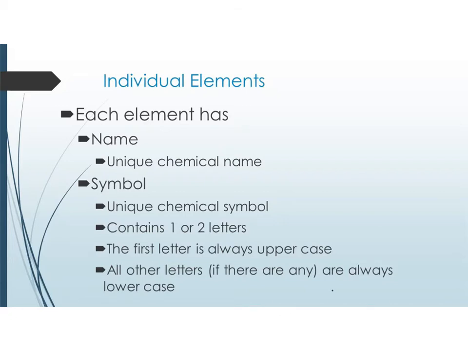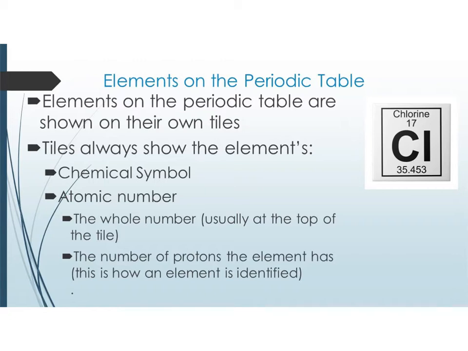I'm mean about that. Every element has its own place on the periodic table, and it has its own tile on the periodic table. Each tile, every periodic table will show the atom's chemical symbol, and it will show the atomic number. Those are the two things that we need in order to have a good periodic table.